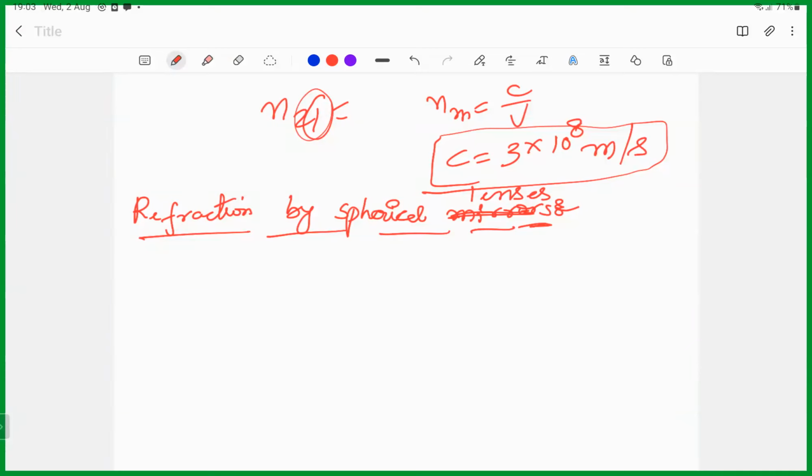Does anyone of you have a laser light, some color, a green laser? Not now, but do you have? Hari, can you bring it next class? We also need some transparent glass slab.